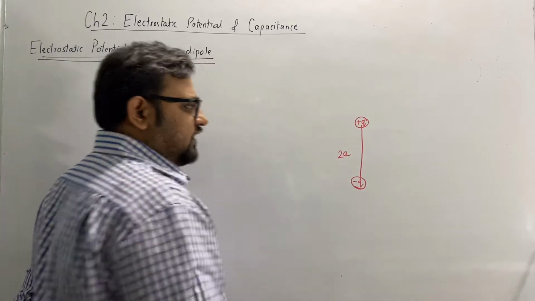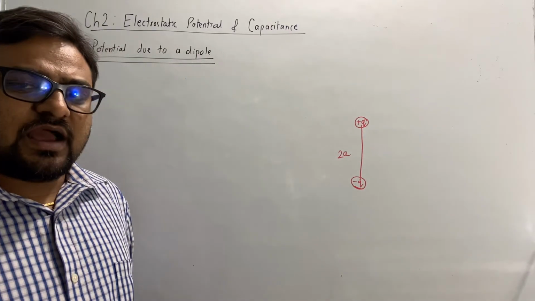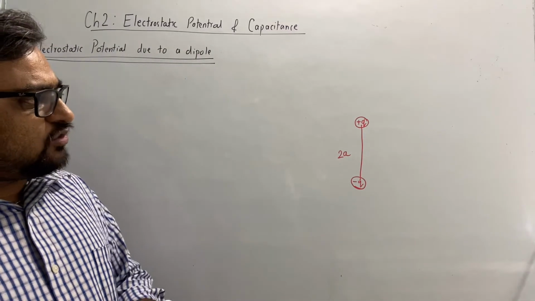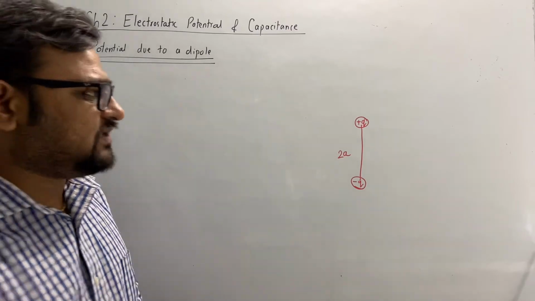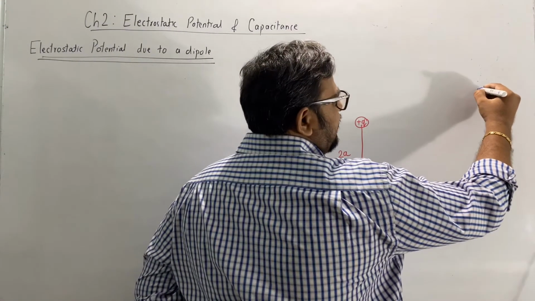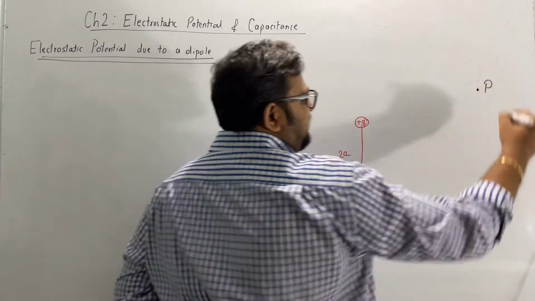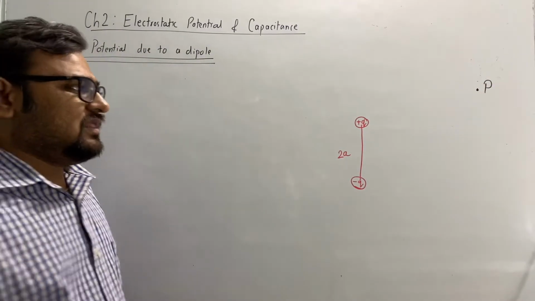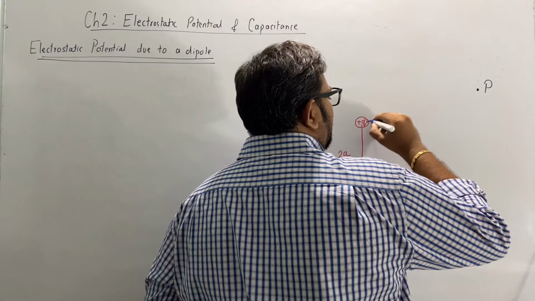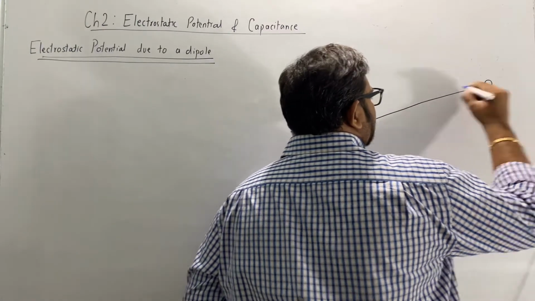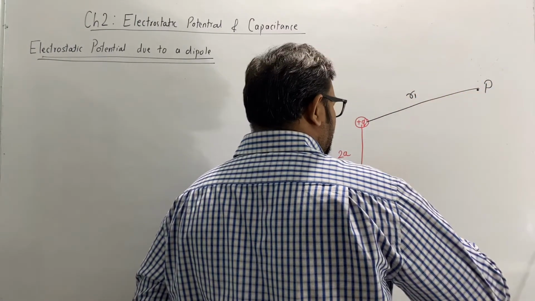Now let's find out the electrostatic potential at a point P. Let the position vector of P from the positive charge be R1 and from the negative charge be R2.